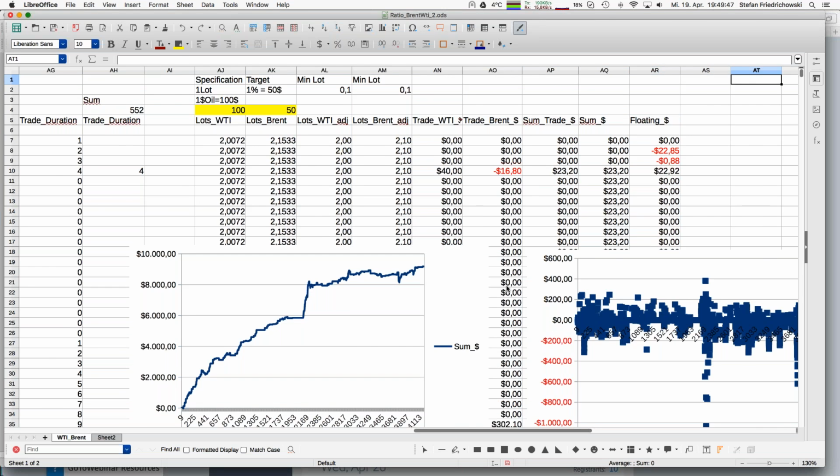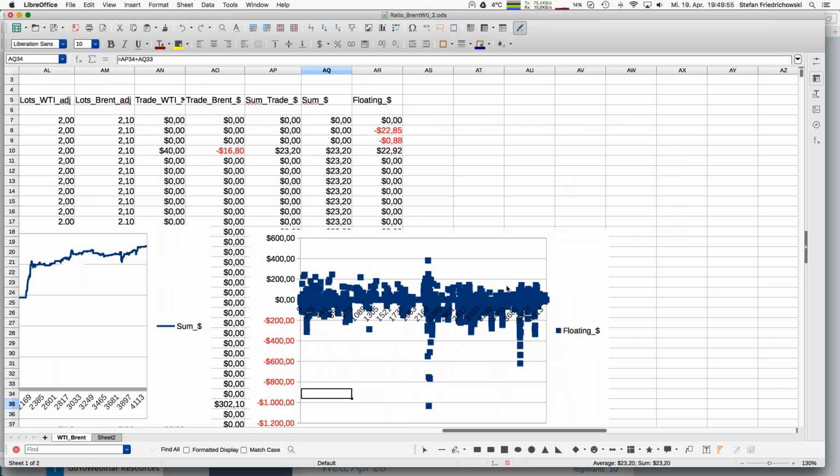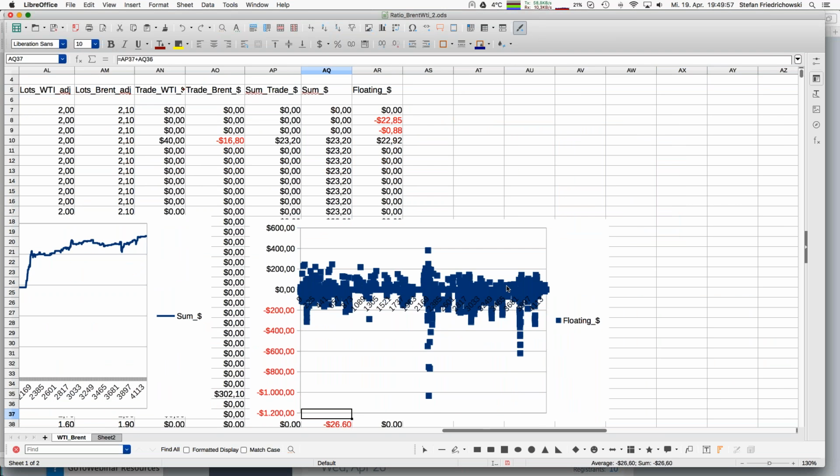What I would like to mention as well is that, as I said, in principle there is no stop loss. That means, in this case, for example, there has been a time, during the financial crisis in 2008, when floating-wise a trade would have been at minus 1,000 euro. The end result of that specific trade is not minus 1,000.